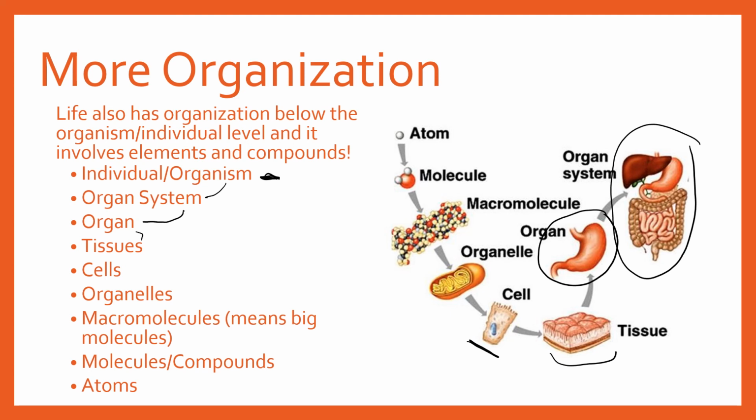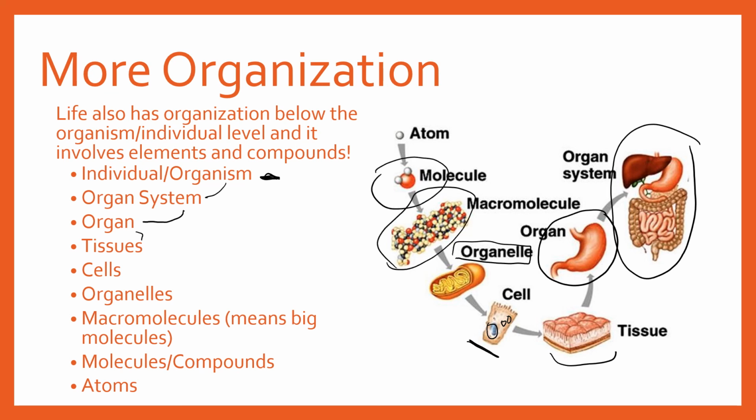It's pretty interesting stuff. But if we zoom in even farther, we can see that there are things inside of our cell here. Those are called organelles, little organs. So think of your cell as a whole new organism, and it's got its own little organs inside of it. Well, these organelles are made of molecules.